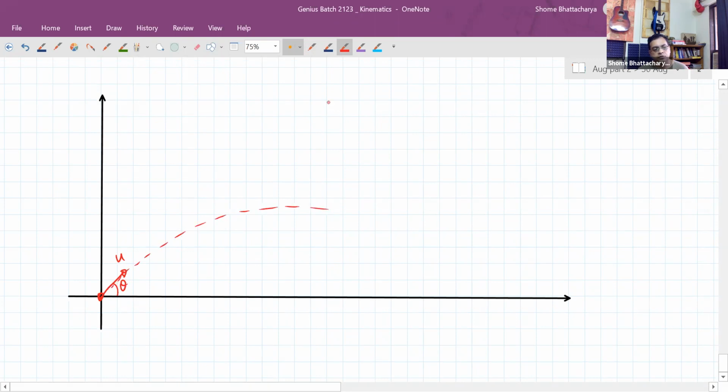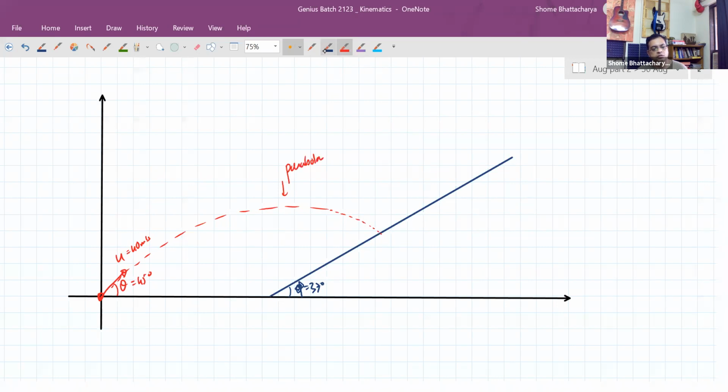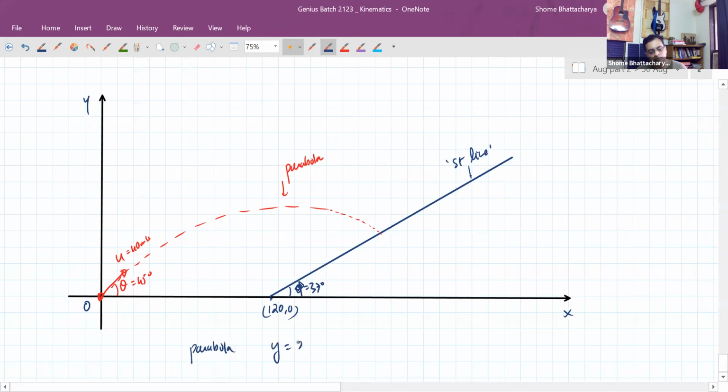Geometrically speaking, the inclined plane is a straight line whose equation we can write quite easily, because if I take this reference frame like this, this parabola, its equation can again be written as, for the parabola, the equation is, now I'm going with this format.